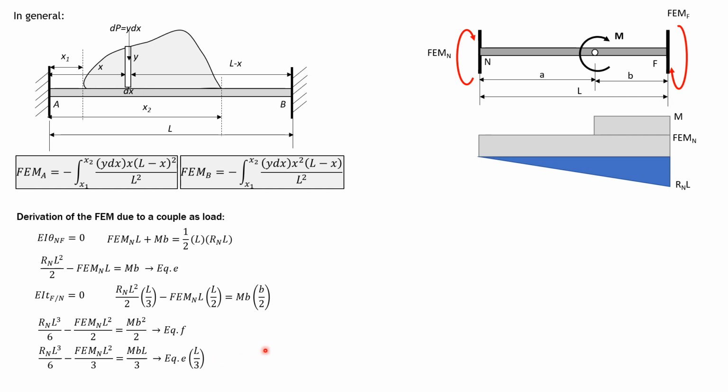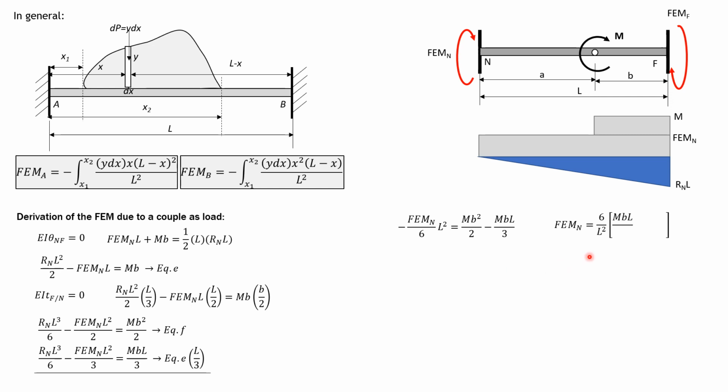Then we subtract this new equation from equation F. Then negative 1/2 minus negative 1/3 is negative fixed moment L squared over 6 equals, what is common at the right side is M. So we have MB squared over 2 minus MBL over 3. Then we multiply the right side by the reciprocal of negative L squared over 6, or we multiply the right side by negative 6 over L squared, and simplify.